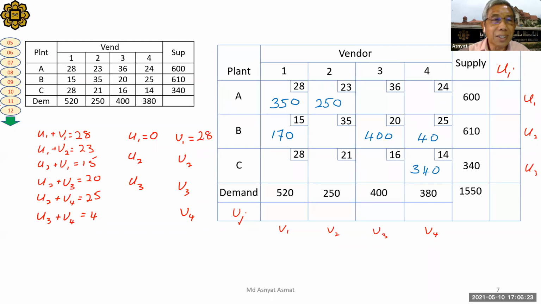V1 is 28, V2 is 23. No, V1. You know V1. Can we get V2? Sorry, we know V1. V1 is known. Now we can get U2. What's U2? 28 minus 15.